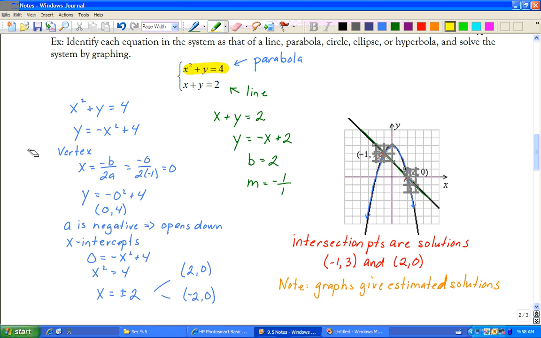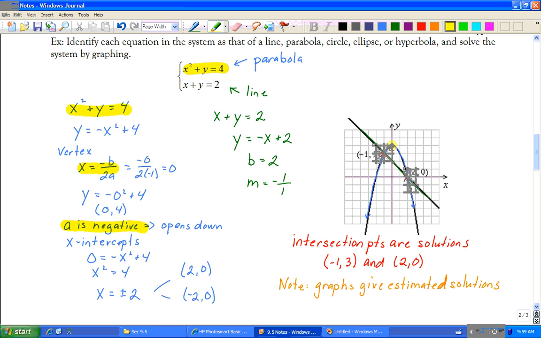With graphing, if we take a look over here, our first equation, if we solve this for y, we get a parabola that's going to be facing down because a is negative. We can find the vertex, x is equal to negative b over 2a. So x is equal to 0. Substitute that 0 back into the equation, and we get the y coordinate of the vertex to be 4.